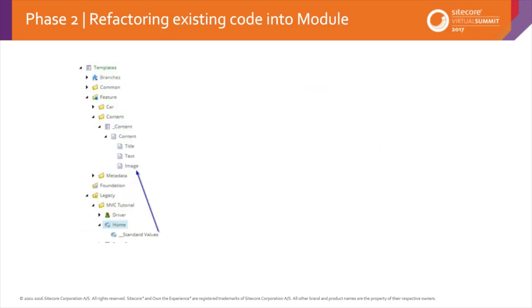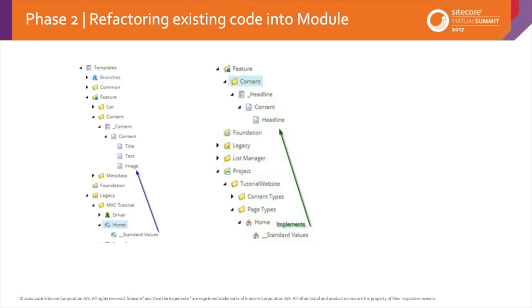So moving the fields, I took the whole content section from the old home legacy here and moved it up into a new interface template I created called _content, and then I let the new home implement this interface template.